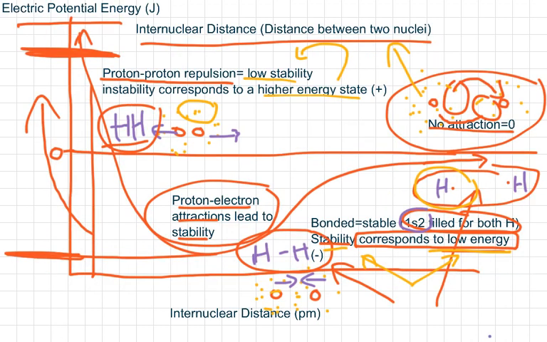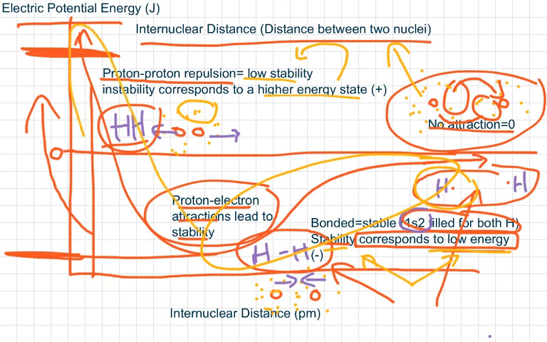So you might have been confused at the beginning, so let me clarify some things about this graph once more. So over here, this is the portion of the graph where the proton-electron attractions are causing the energy to decrease, and this leads to stability.